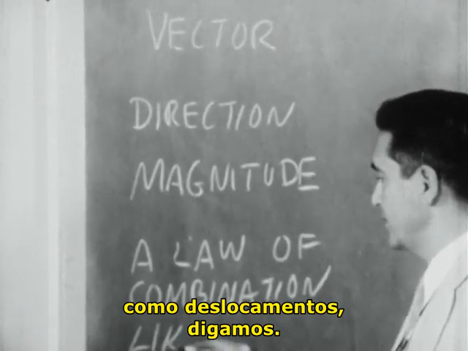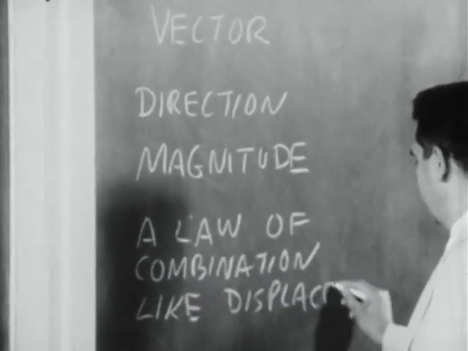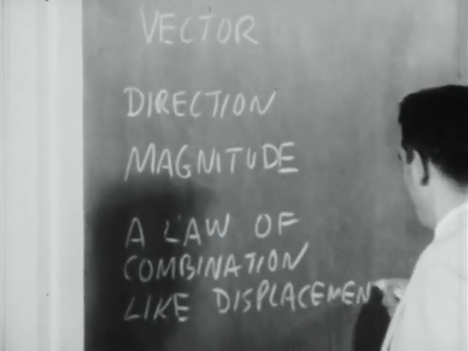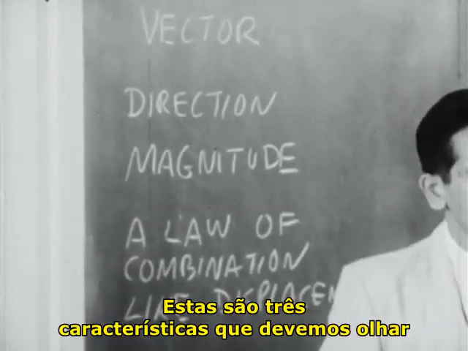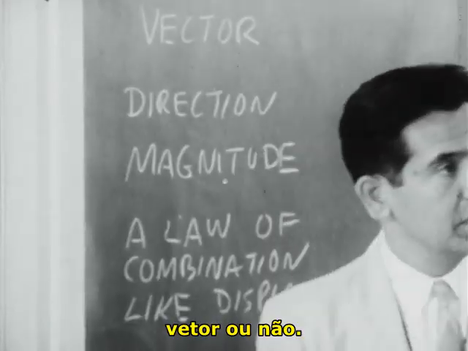Like displacements, let's say. These are 3 characteristics which we must look for if we are considering whether something is a vector or not.